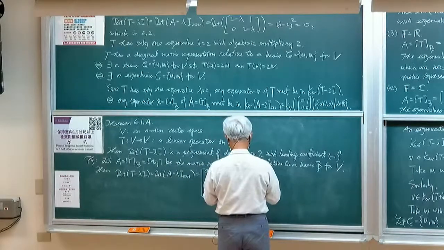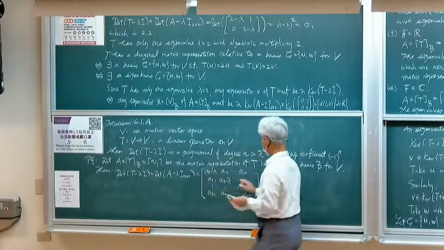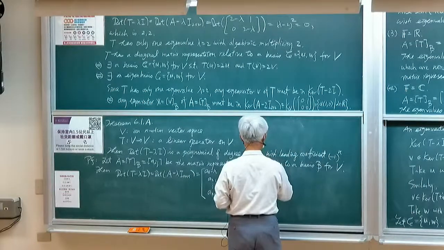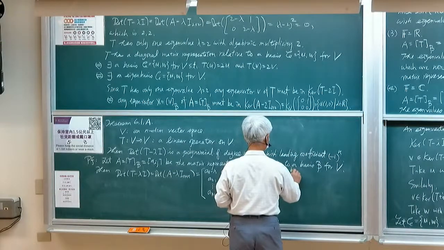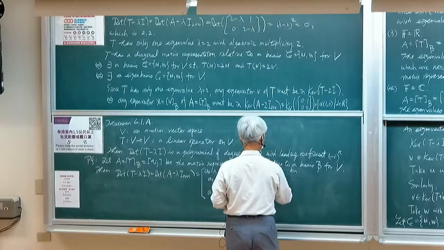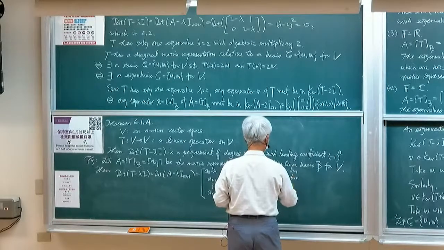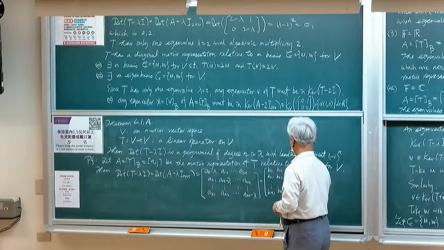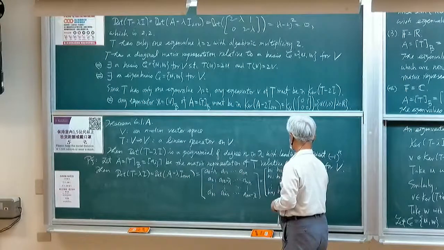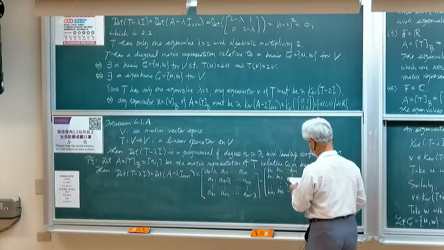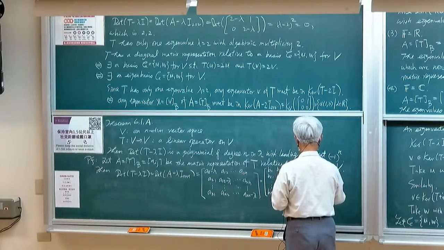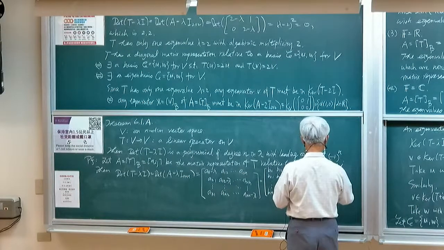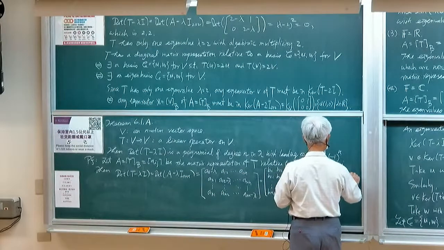Okay, and so we rename the entries of this matrix to be B11, B12 up to B1n, B21, B22 up to B2n, and the last row is Bn1, Bn2 up to Bnn, where Bij is equal to Aij if i is not equal to j.